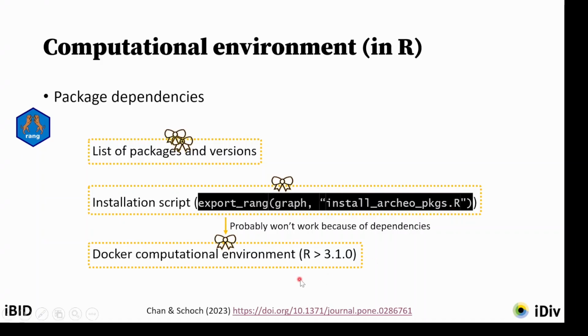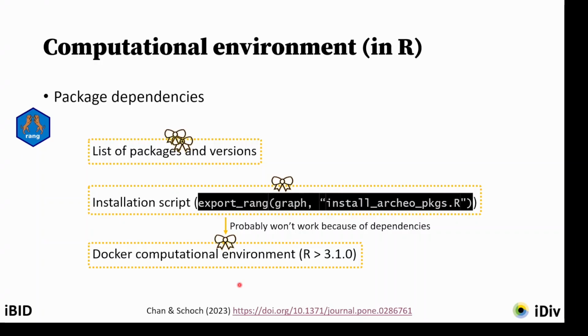So the final thing you could use to share is to create a Docker computational environment. You can use this graph. So there is a workflow of how to produce, again, this Dockerfile that you can use, that you can share with people.